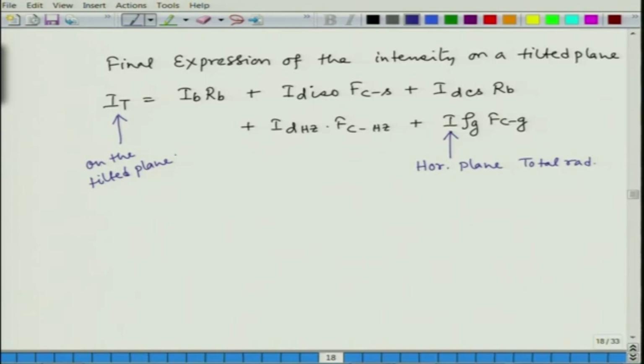This IB stands for the beam radiation, and whenever you have a subscript small d, that means it is diffuse. Just to remind you, now the next step would be to actually find out these values.